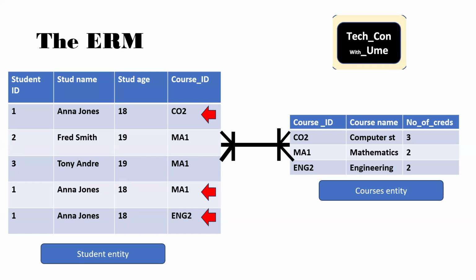The issue is that with this replication and storage of redundant information, we may run into integrity challenges. Take, for instance, that Anna Jones gets married and as such changes her last name to Anna Law.